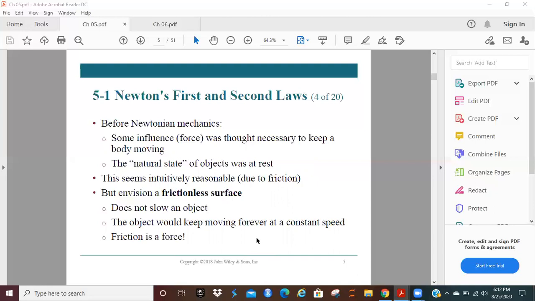If we took a look at a frictionless surface, it doesn't slow down an object because there's no friction there to stop it. So we don't need a force on a frictionless surface to keep it in motion.